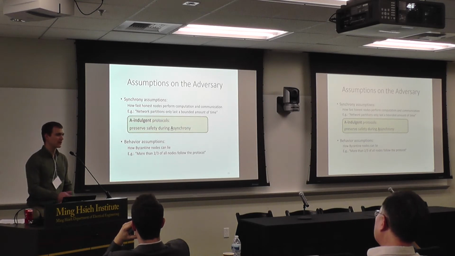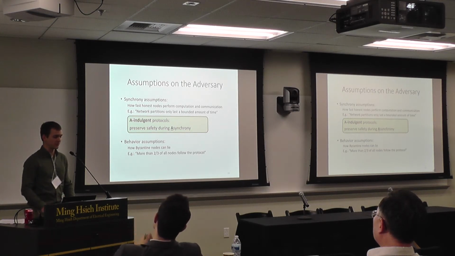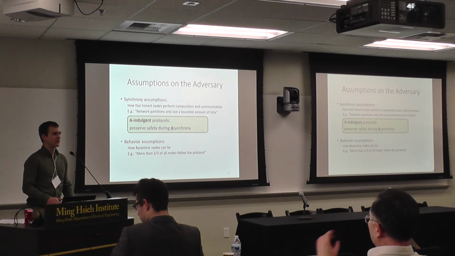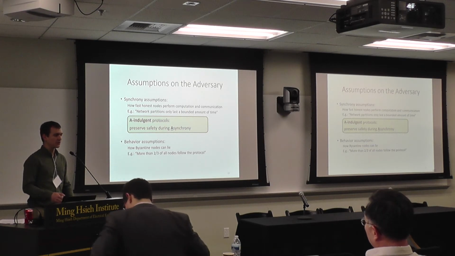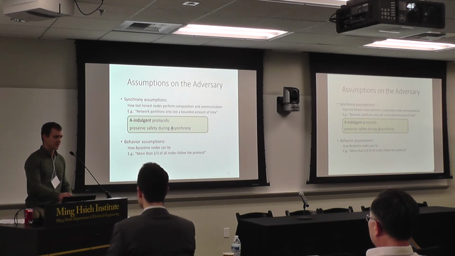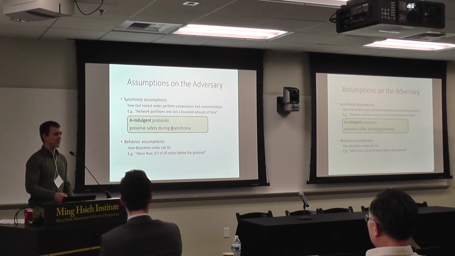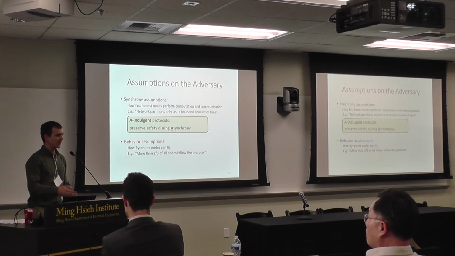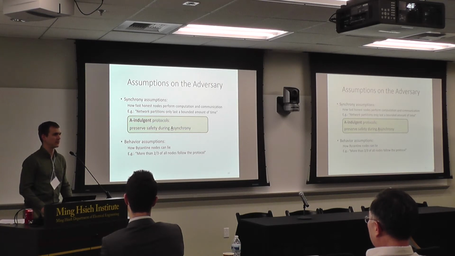So one class that we propose is so-called A-indulgent algorithms that preserve safety during asynchrony, which means the synchrony assumptions that these protocols make are either small or even none, and the protocols will still provide us safety, which means in terms of Bitcoin, no double spending, for example.